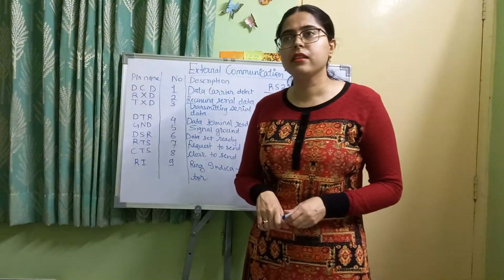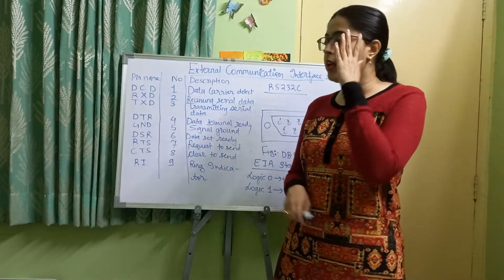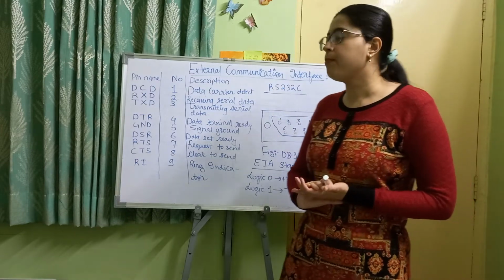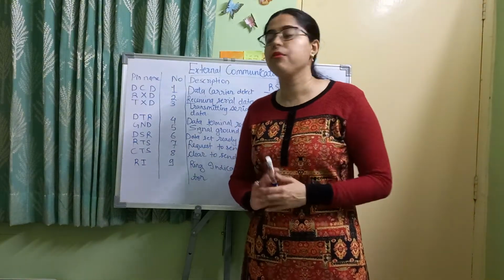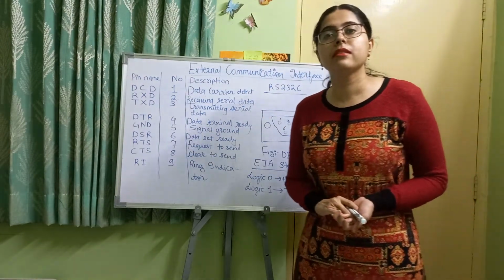Data set ready, the sixth pin, is activated when the communication link has to be set up. Okay, and one more important thing, that data terminal ready, DTR, pin number 4 should be activated before the activation of the data set ready, that is pin number 6.